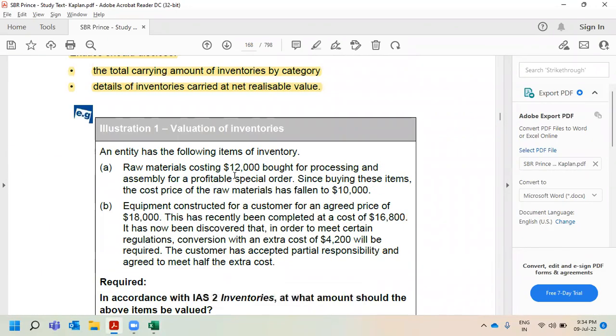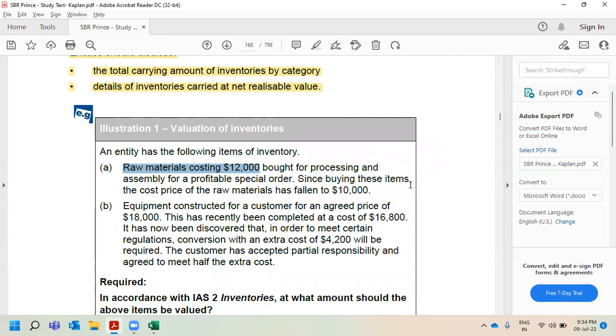Let's take one example for better understanding. Illustration one, valuation of inventory. An entity has the following item of inventory: raw material costing 12,000, bought for processing and assembly for a profitable special order.